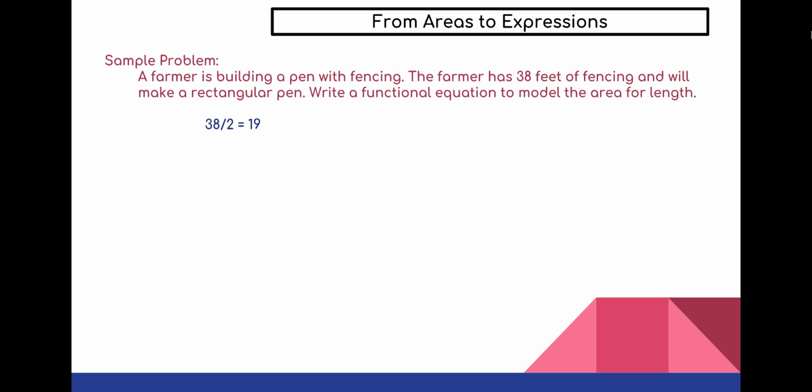We have 38 divided by 2, since we're only going to be talking about half of the perimeter when we look at length and width. That's 19. We know that our area is going to be the product of the length times the width: x times 19 minus x. That's it. That's all we needed to do.